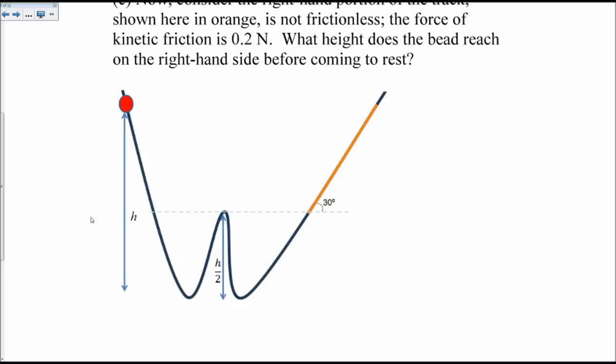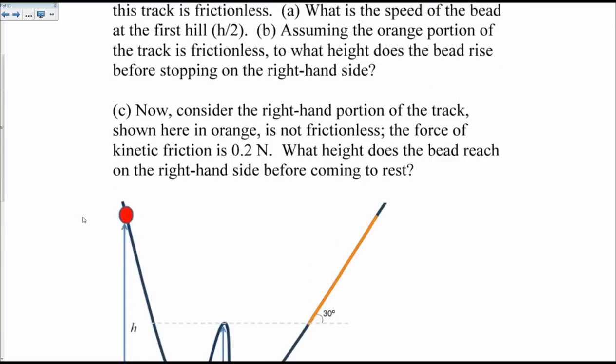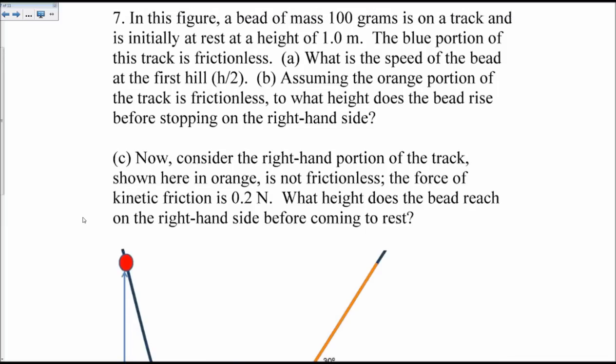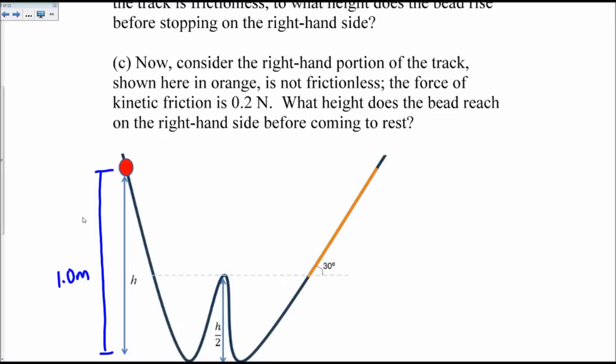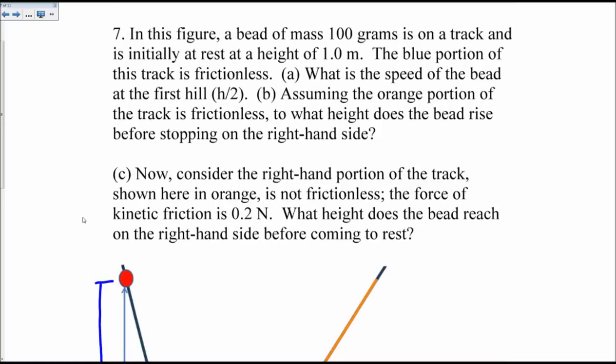First part of this is pretty simple. And then the second part gets a little complicated. I have this distance is 1 meter. The mass is 100 grams, so this is 0.1 kilograms.